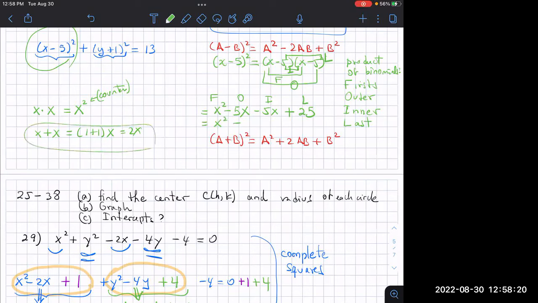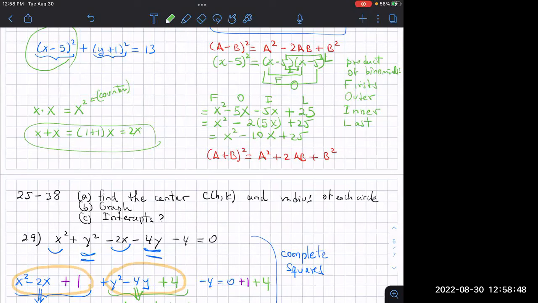You're adding them, so it's twice the 5x, and how much is that? 10x. Very good. Maybe at the beginning just write it out, and then you can see it is negative 10x plus 25.